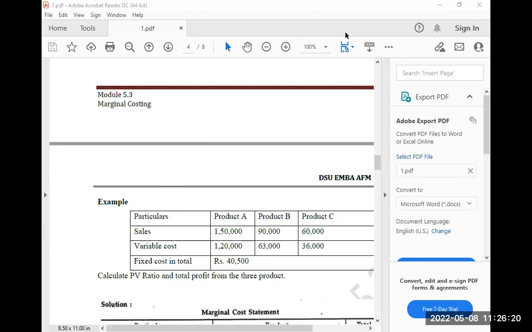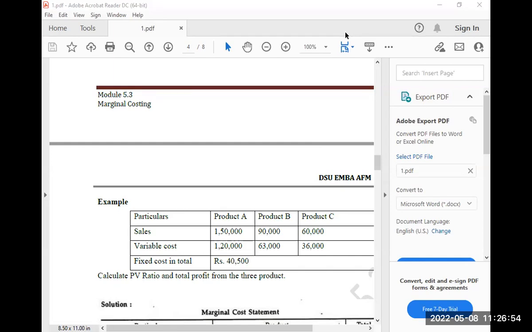Then for the first one, what will be the contribution? 1,50,000 minus 1,20,000, that is equal to 30,000. 30,000 is the contribution for product A. I am asking you to calculate PV ratio. PV ratio is equal to contribution divided by sales into 100.